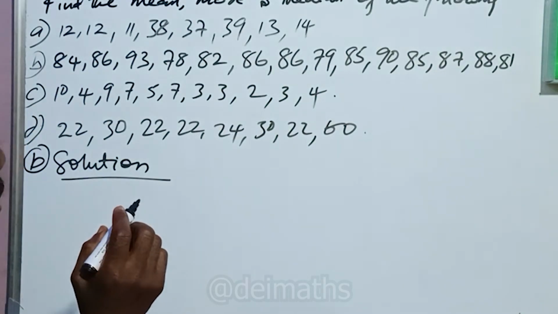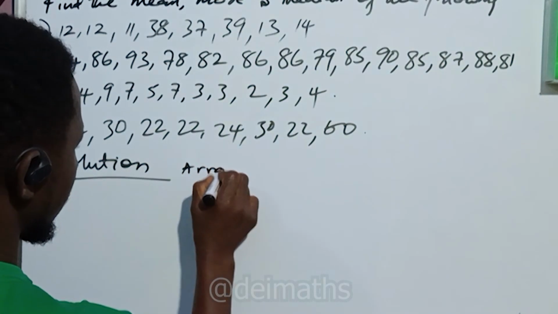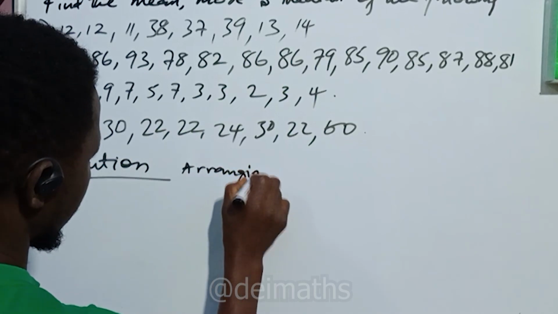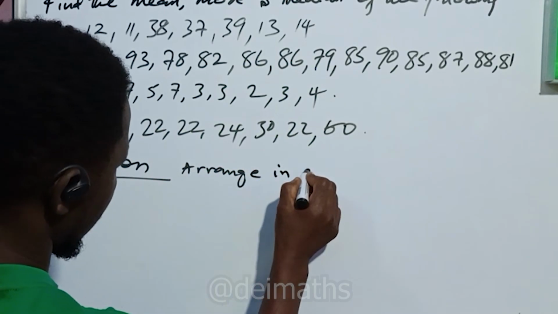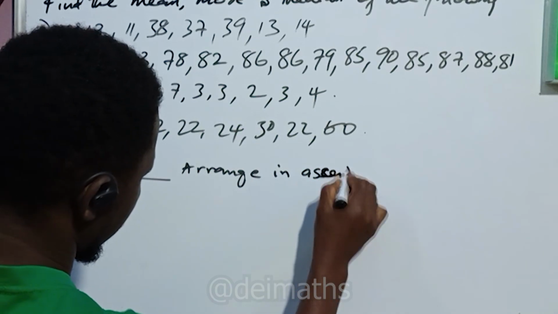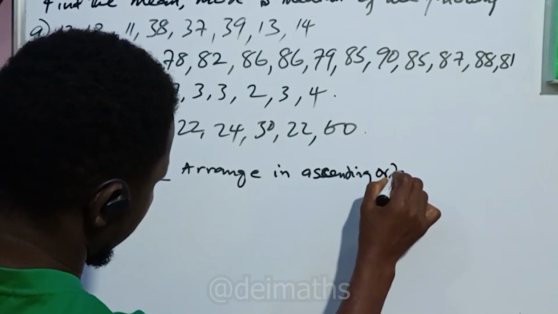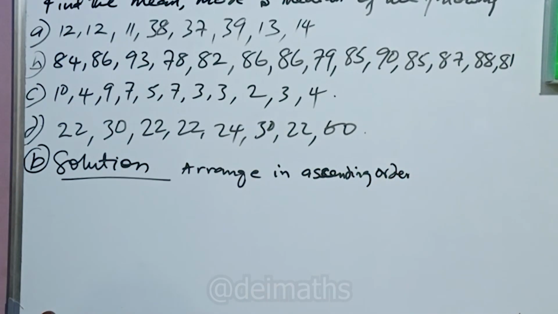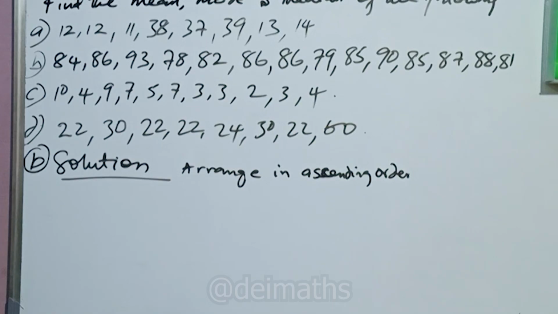First of all, the first step is to arrange in ascending order. So we have to arrange these numbers in ascending order.